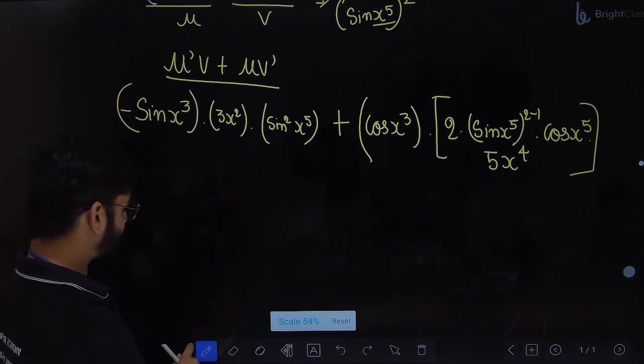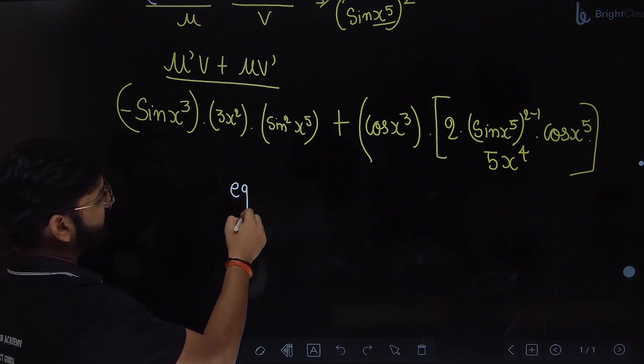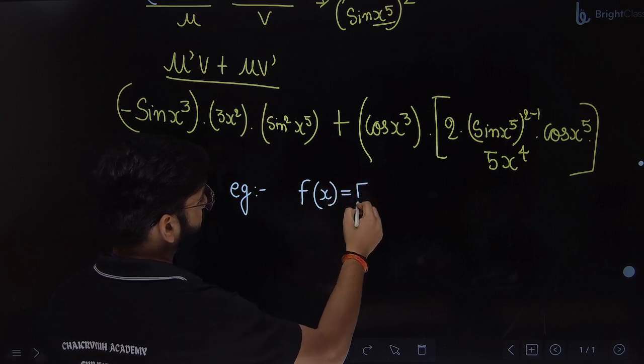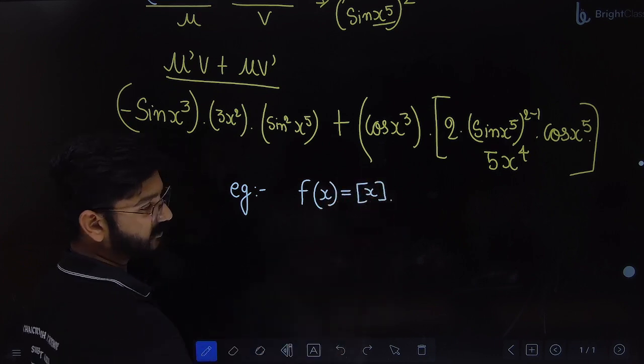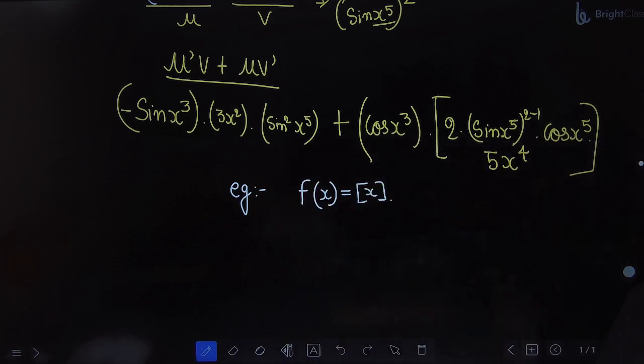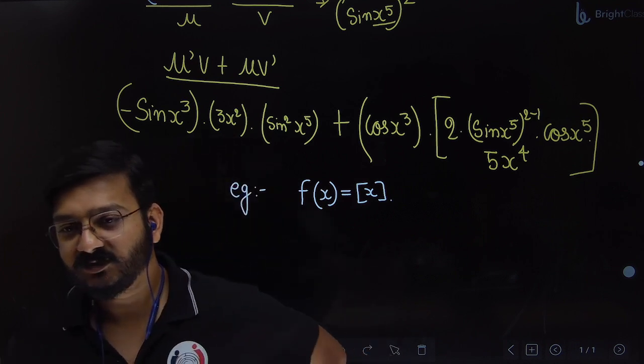Let's take an example of this point. You can write down the example just below that statement. If I take the example as f of x is equal to greatest integer of x. You guys remember the graph? Staircase graph. Okay. We drew the graph in the last class. So greatest integer is what?